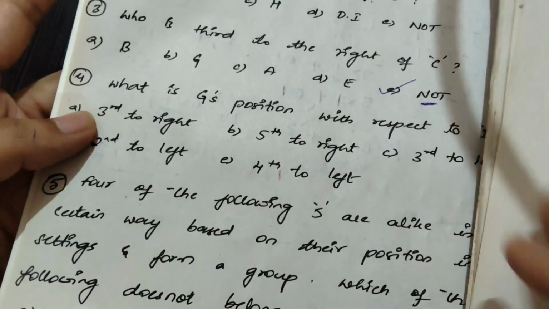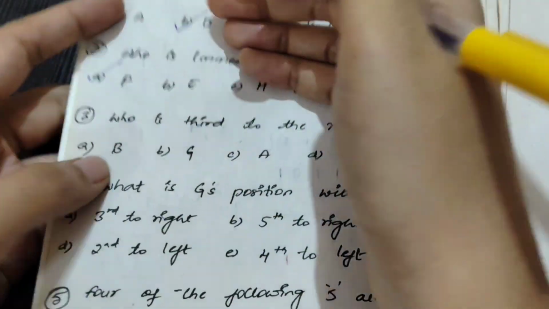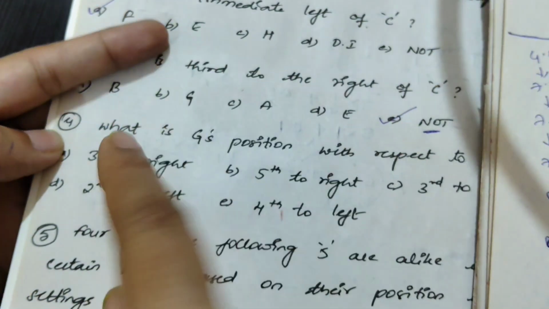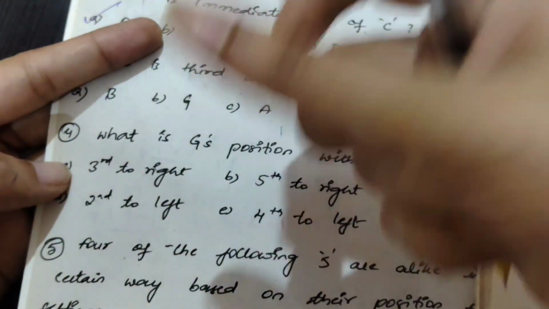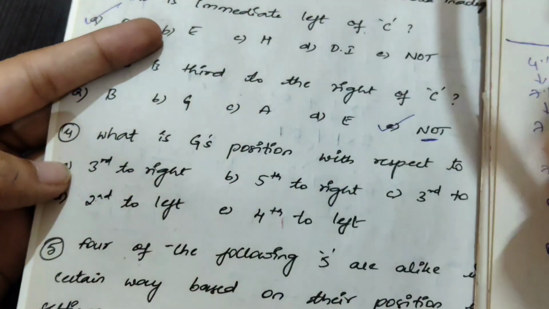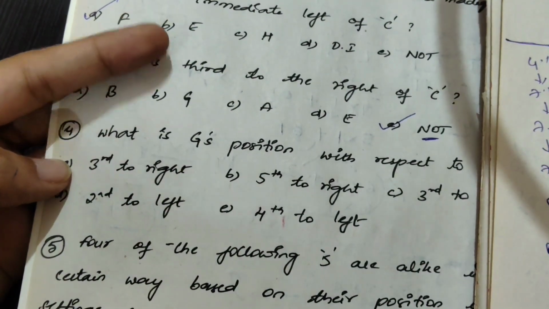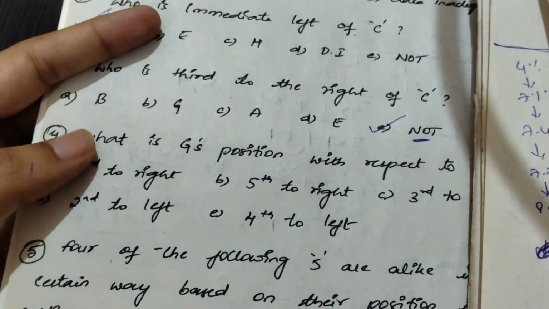Next. In 5 questions also, 3 questions will be easy, direct questions, but sometimes the fourth one will be of moderate level, that is clockwise, anti-clockwise. With respect to position they will ask, meaning third to the right, second to the left, fifth to the right. In that way they will ask. In the next question they will say 4 are similar and 1 will be different.